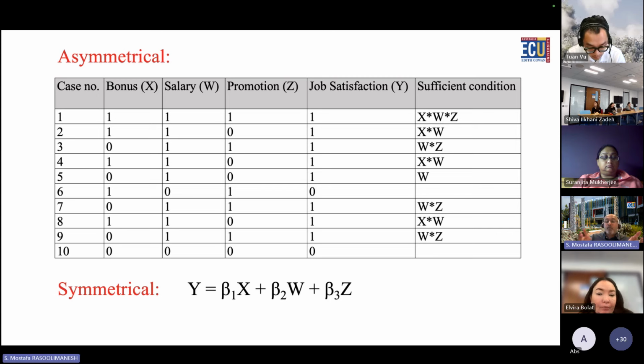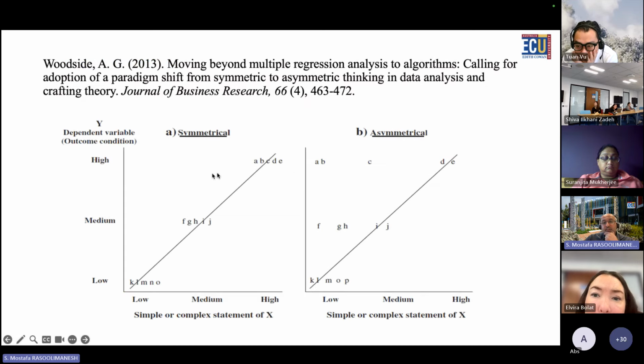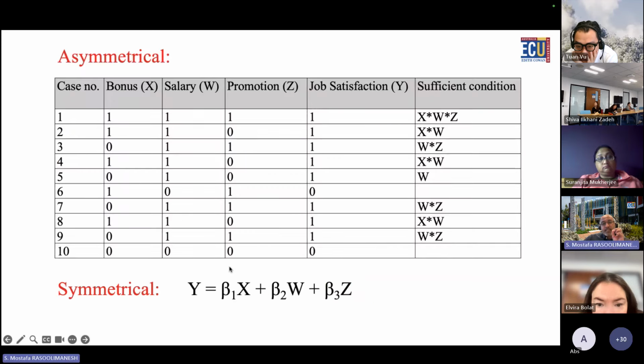So at the end, we identify only one possibility. We can only identify whether X is significant or not, W and Z. So at the end, we have this regression line, right? Based on this regression line, we can identify that X is a significant factor to create Y, W is not, and Z is a significant factor.